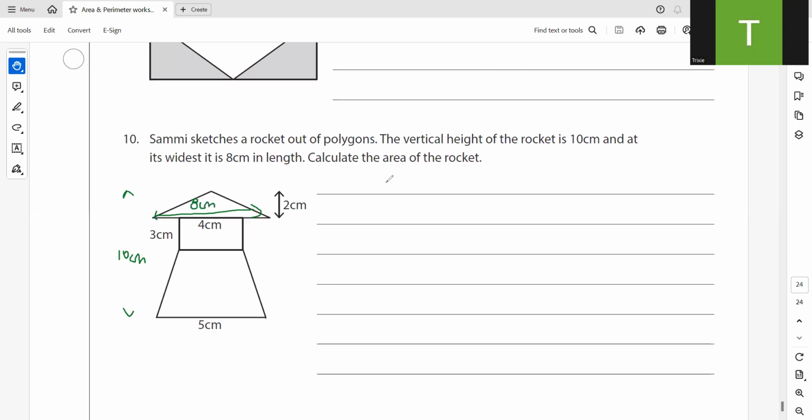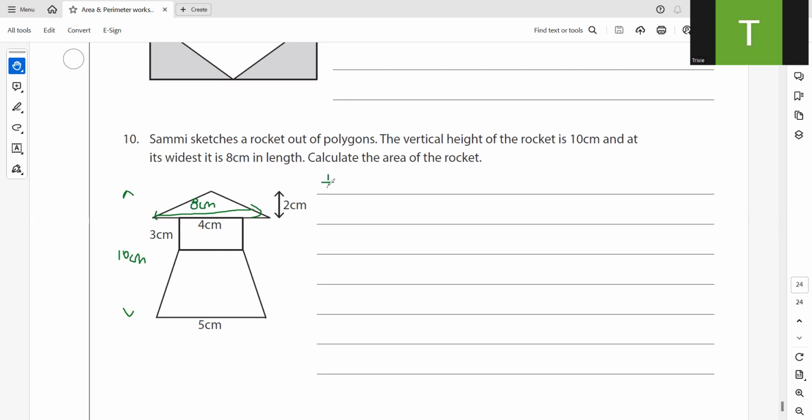Calculate the area of the rocket. So we need to calculate the different polygons separately. Firstly, we'll calculate the triangle. The triangle has the widest length, which is the base.